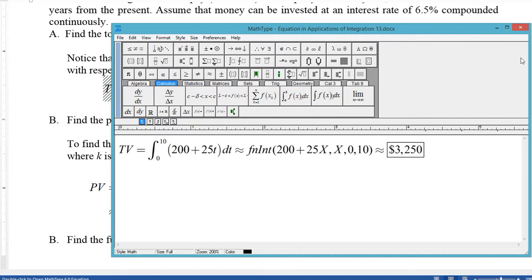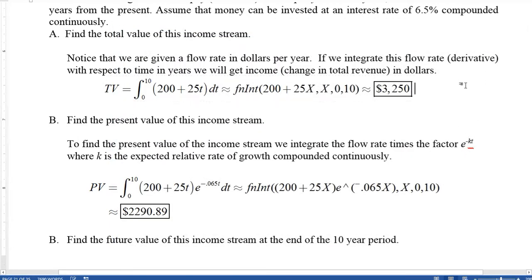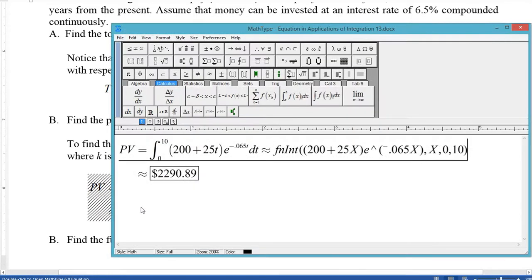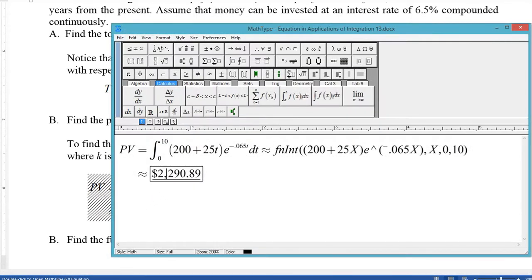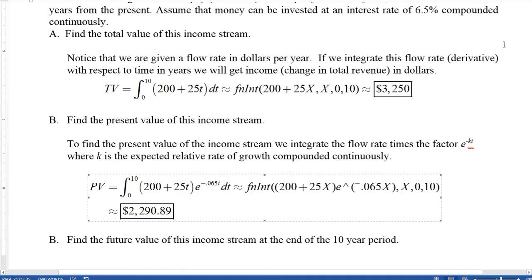So $3,250 is the total income that's brought in. But if we get $2,290 today invested over a 10-year period, it will give us the same as if we invest this amount of money as it comes in and then only cash it in at the end of the 10-year period.